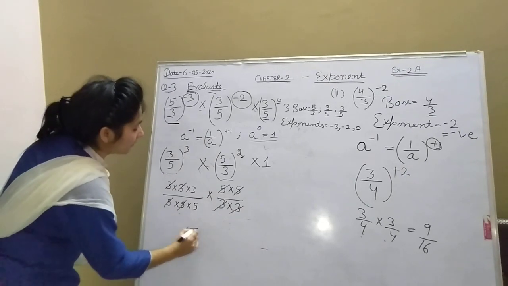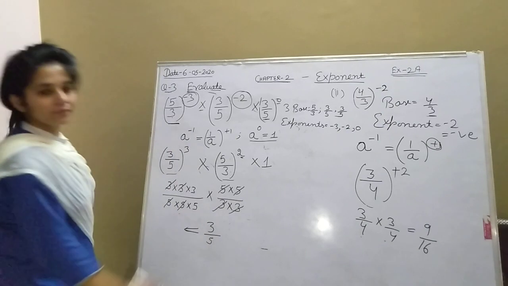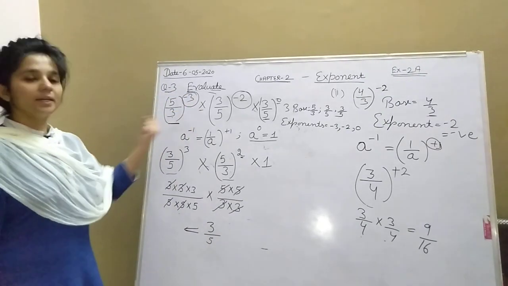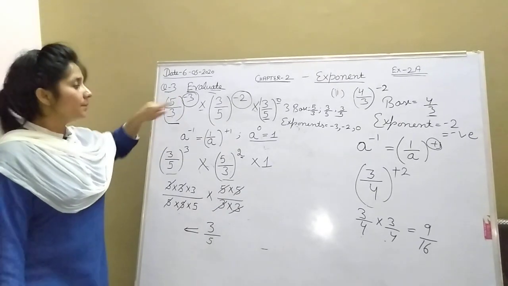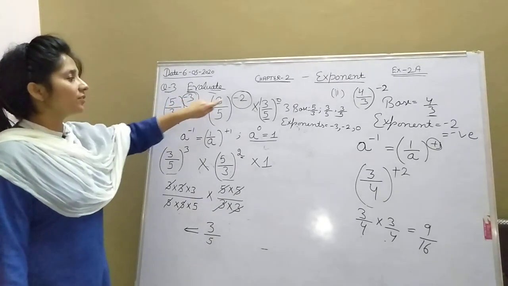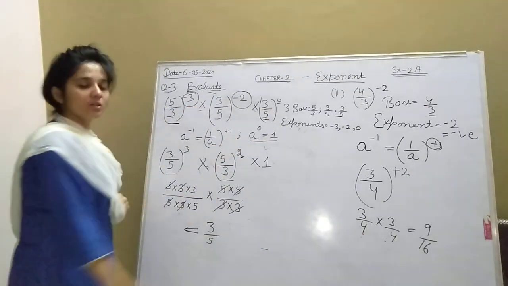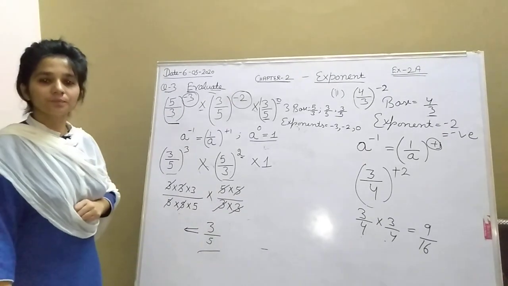The result will be equal to 3 by 5. So the solution of this given question, 5 by 3 raised to power minus 3 multiply 3 by 5 raised to power minus 2 multiply 3 by 5 raised to power 0, is equal to 3 by 5.